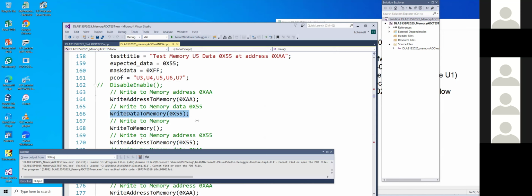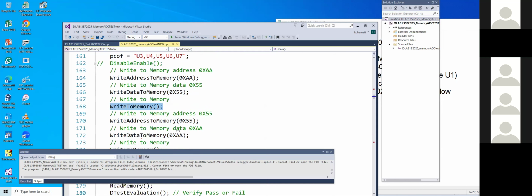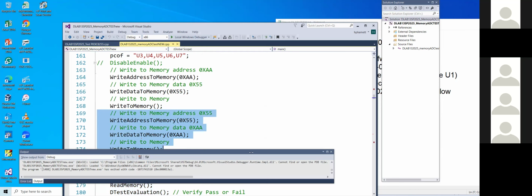Address ready, data ready, now you call the function write to memory. And then you have to repeat the same with different data, different address.